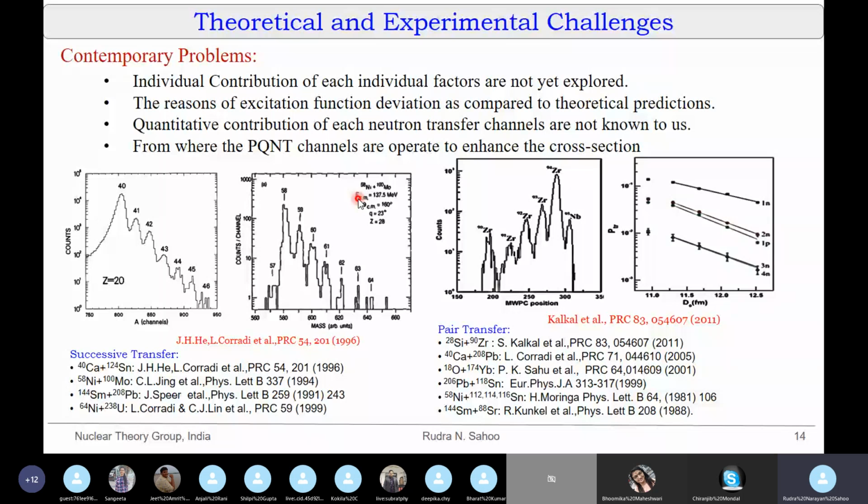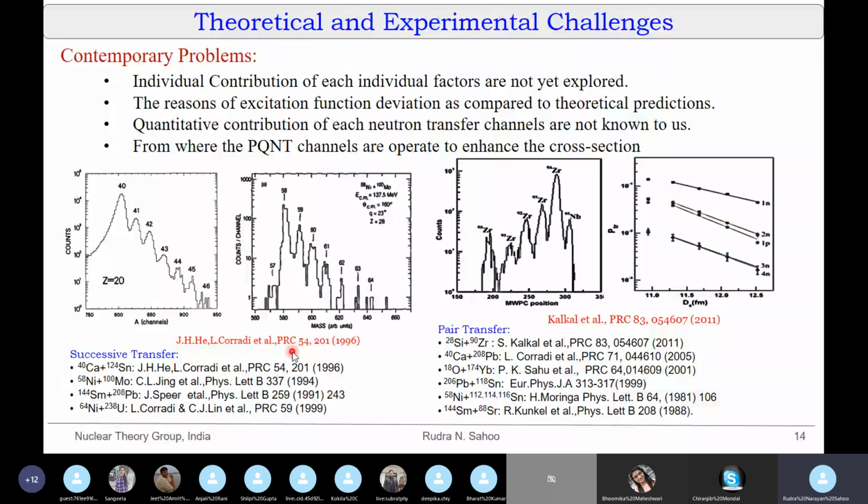And one more interesting problem I will mention here. I always say neutron transport channel and positive Q value neutron transport channel. If you come to the transfer side, when the transfer reaction is occurring, you can see the transfer reactions are occurring in a successive manner. You can see in this spectrum, as well as in this spectrum, that the transfer reactions occur in a sequential manner. These are the 4 references I am showing here, where you will see that the neutrons are transferred in a successive manner.